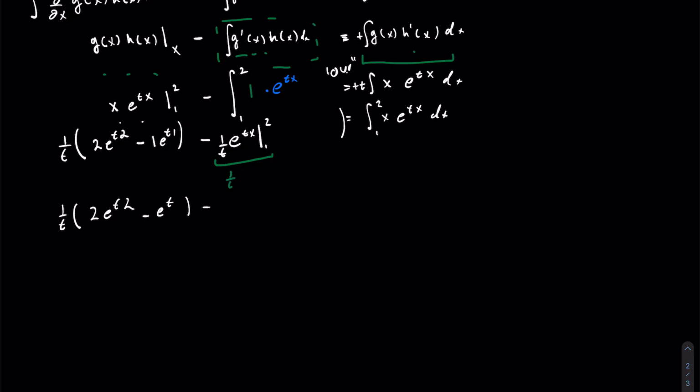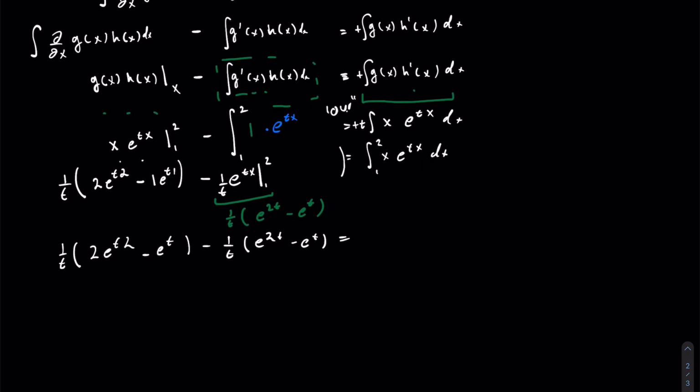And so that's e to the 2t minus e to the t, like that. Right? Just double checking. Yeah, looks good. So we write it down here: e to the 2t minus e to the t. And so that is what this expression is here.